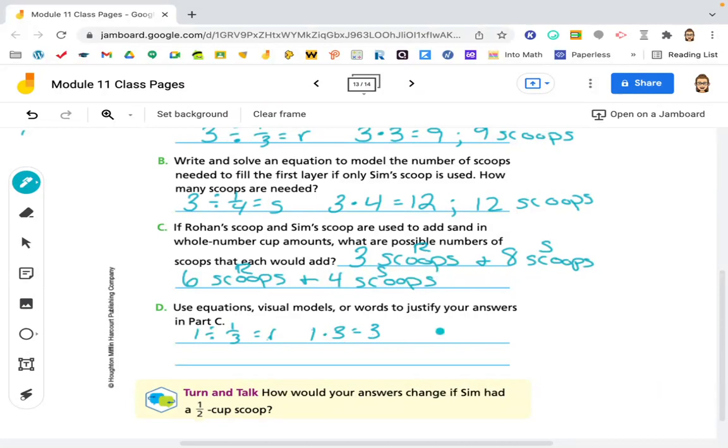And then we would add that to 2 divided by 1/4 equals S. So we'd have 2 times 4 equals 8. And then the same thing if we did 2 divided by 1/3 equals R, we'd have 2 times 3 equals 6. And then we would do 1 divided by 1/4 equals S, 1 times 4 equals 4.